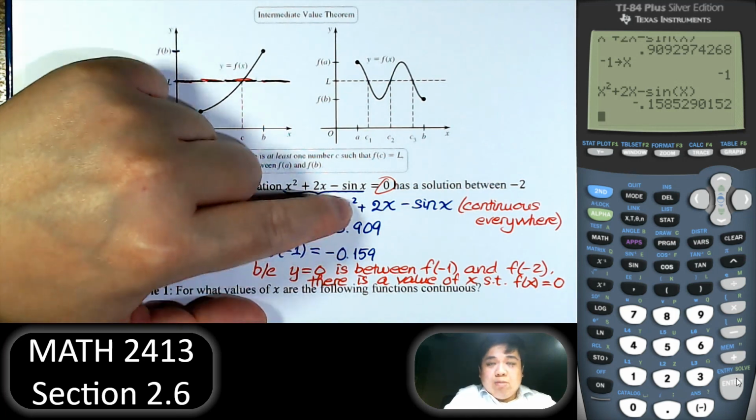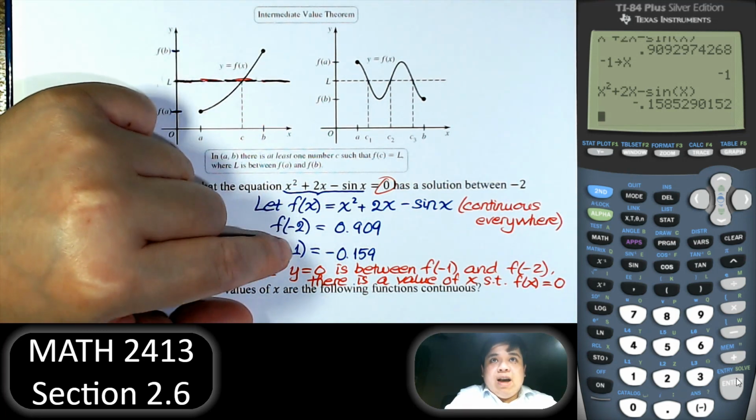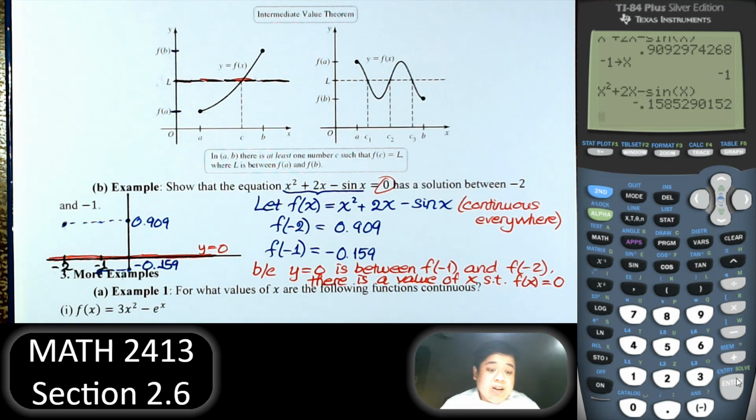Right. If y is between these values, there will be an x between these values. That's what the intermediate value theorem is about.